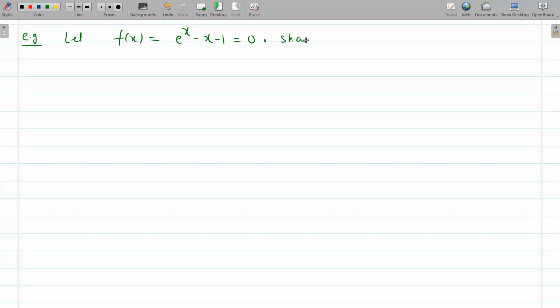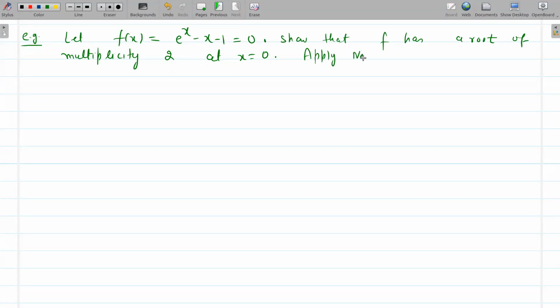Then show that f has a root of multiplicity 2 at x equals 0. Apply Newton's method to locate the root.